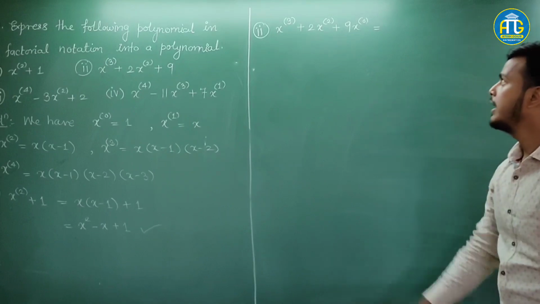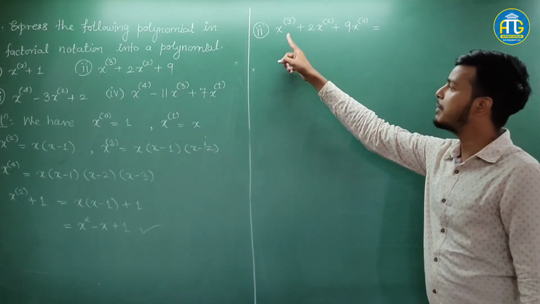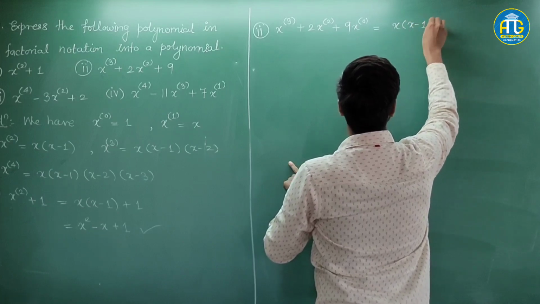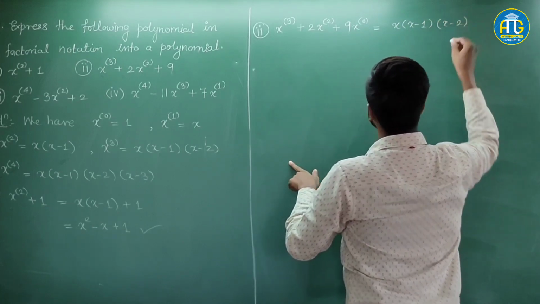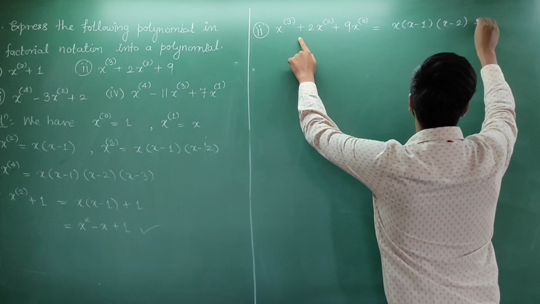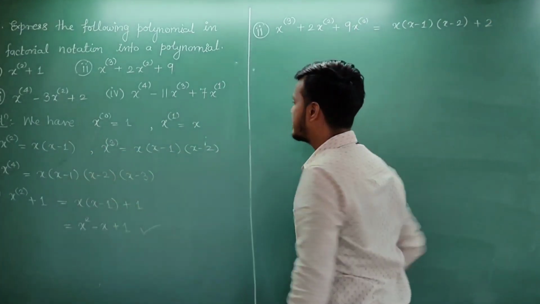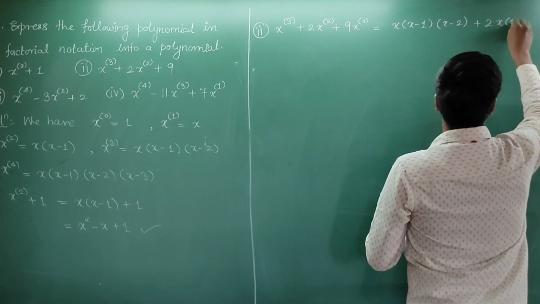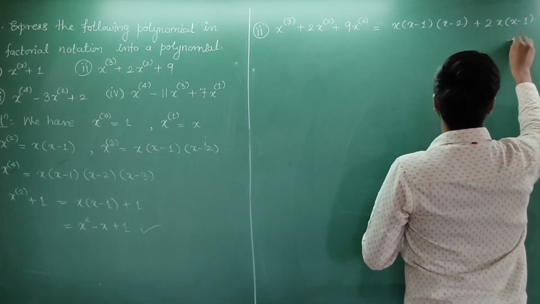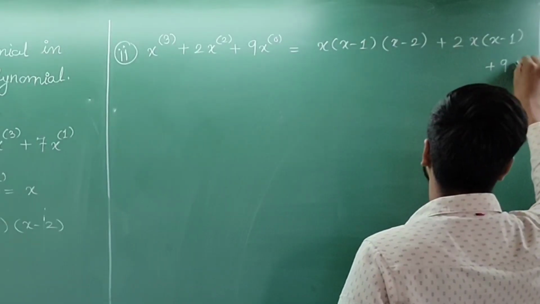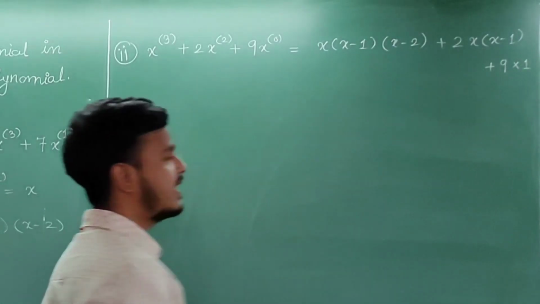Now you can write x to the power 3 factorial as x into x minus 1 into x minus 2, plus 2 into x raised to the power 2 factorial, which you can write as x into x minus 1, and the last one is 9, since x raised to the power 0 factorial is 1, so 9 into 1 is 9.